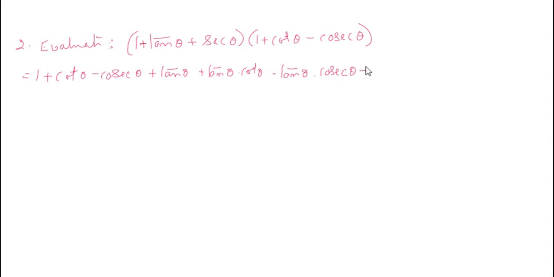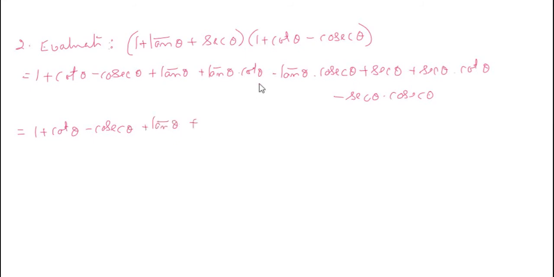So plus sec theta, plus sec theta into cot theta, minus sec theta into cosec theta. So that is equal to 1 plus cot theta minus cosec theta plus tan theta.